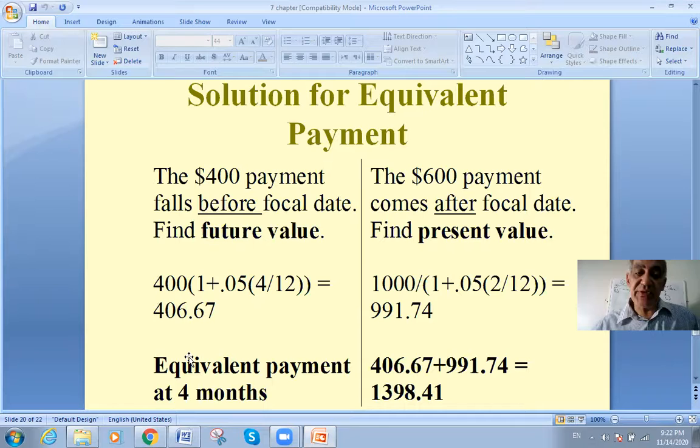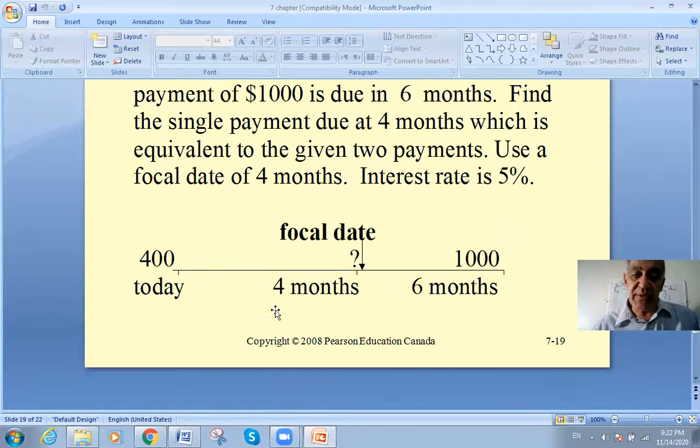The first amount, we will get the future value like I told you. So it's $400 plus the rate of 5% multiplied by the time, which is 4 months. You will move forward, and moving forward you get the future value, or the sum of the amount.